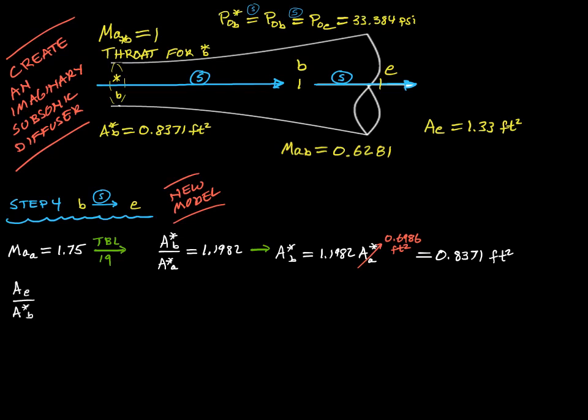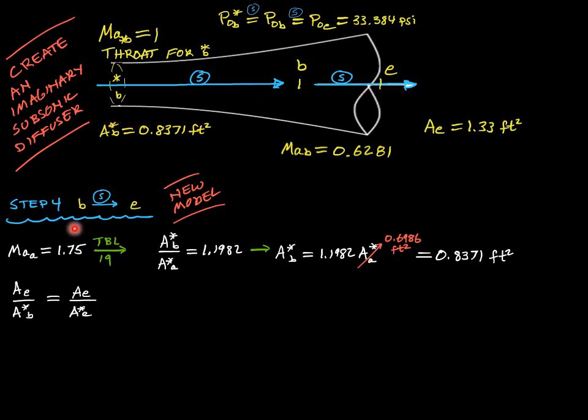We also know something about the area at the exit, 1.33, so we could look at the ratio of something we're given to what we just calculated. We can rewrite this in terms of just the ratios for the exit. So this would be the area at the exit, 1.33, divided by the area at the throat associated with the exit.